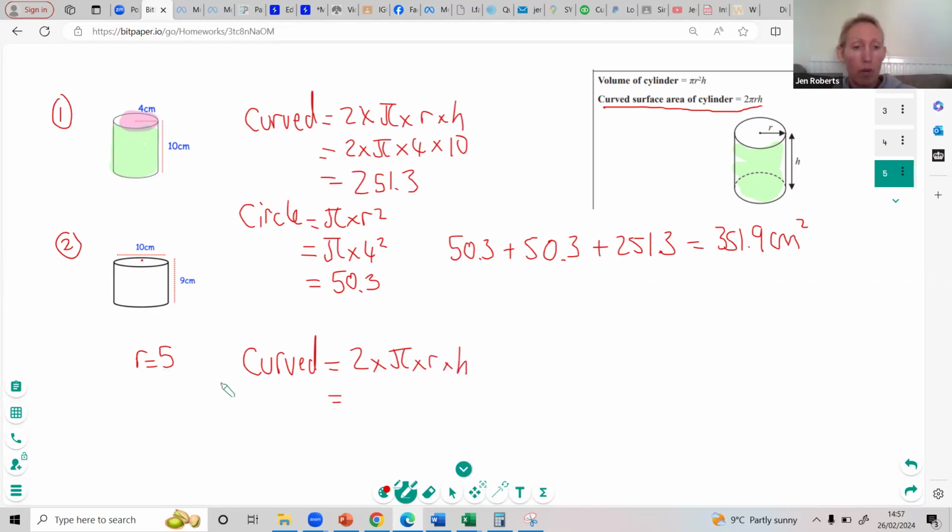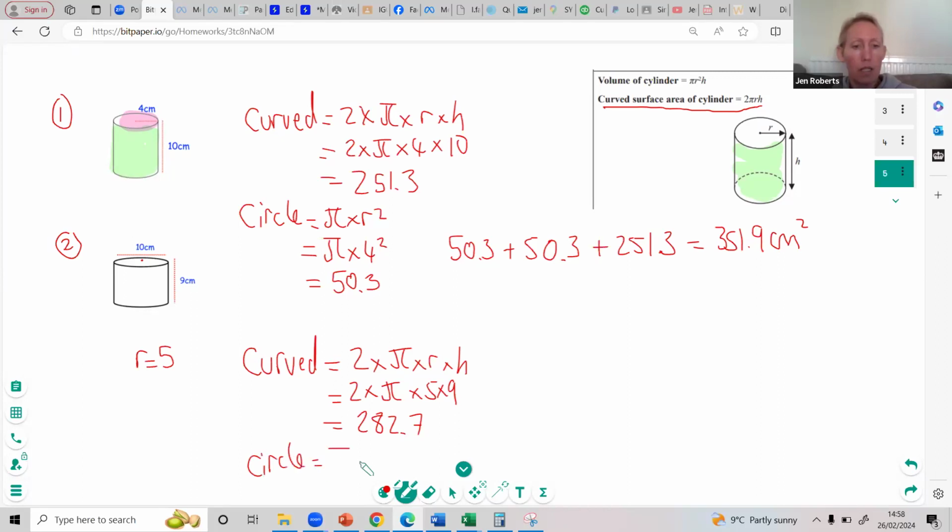I'm going to make sure I use my radius of 5. 2 times pi times 5. The height of your cylinder is 9. And we get 282.7.